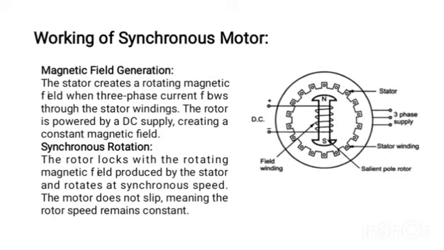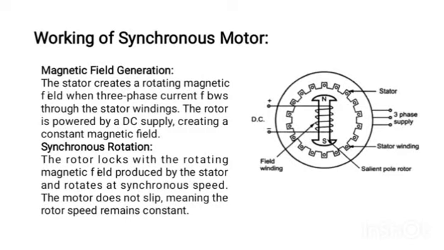Magnetic field generation: the stator creates a rotating magnetic field when three-phase current flows through the stator windings, and the rotor is powered by a DC supply, creating a constant magnetic field. So this is the function of the rotor.